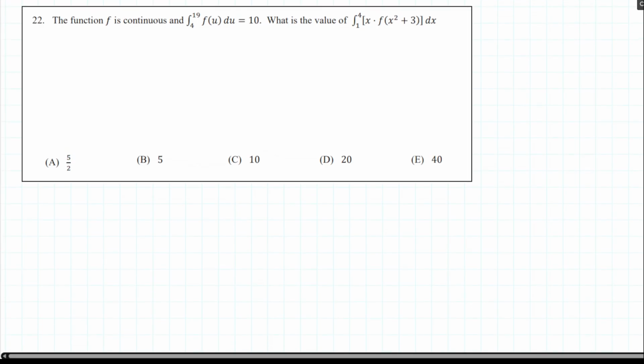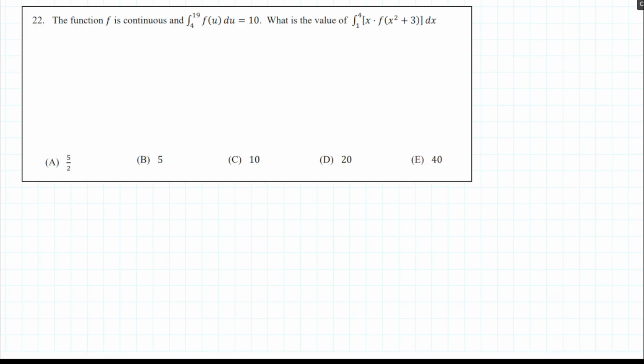And finally, we have the function f is continuous, and the integral from 4 to 19 of f of u du is 10. So what is the value of the integral from 1 to 4 of x f of x square plus 3 dx? Here you can choose the inner function x square plus 3.